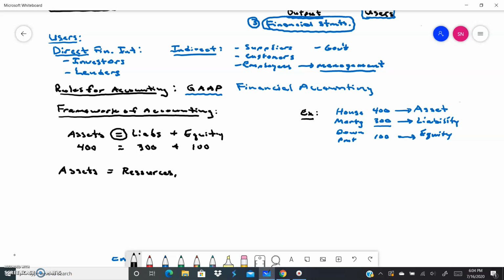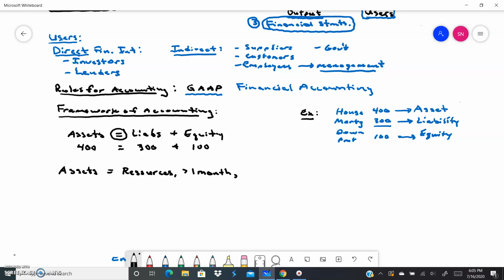The resources of the company, they have a life of greater than 1 month. So for instance, paying the electricity bill would be a resource because we're going to be able to operate our business in the future by virtue of paying the electric bill.